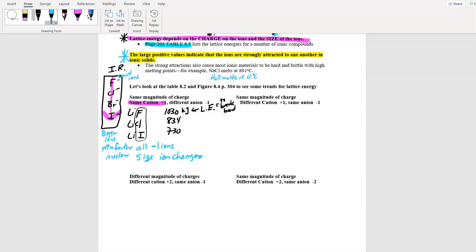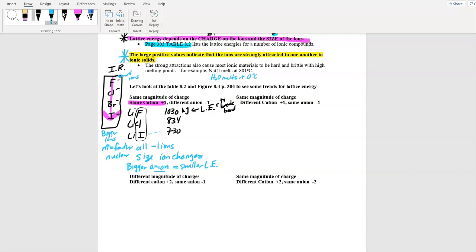The bigger the anion, with that negative charge, is the energy larger or smaller? If you notice, iodine is the biggest anion, but it has the smaller lattice energy, which means to break this one you don't need a lot of energy.